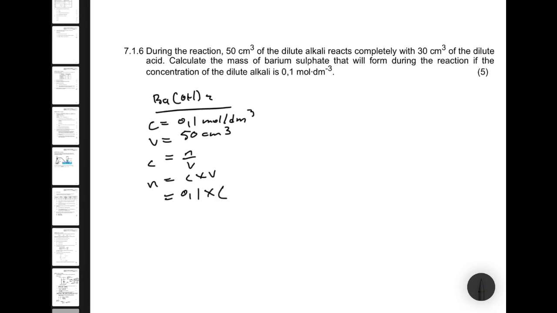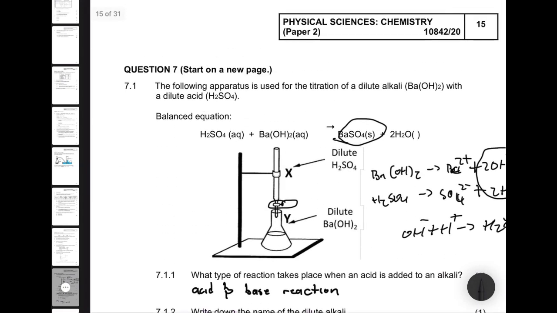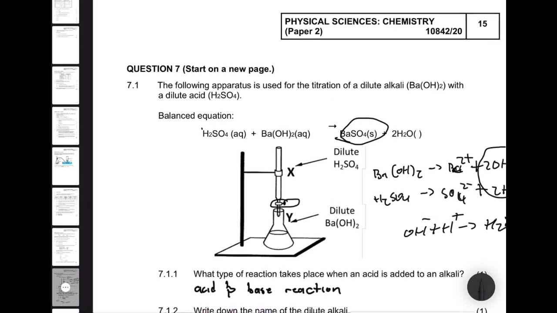But we'll deal with decimeter cube. So here we're going to have 50 divided by 1,000, so we basically have 5 divided by 100, which is 0.005 moles. So if we go back to our equation, the balancing coefficients are 1, 1, 1.